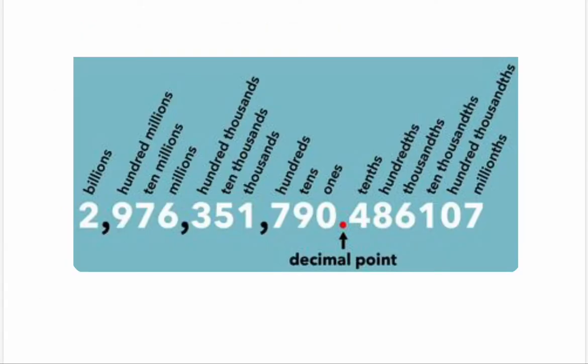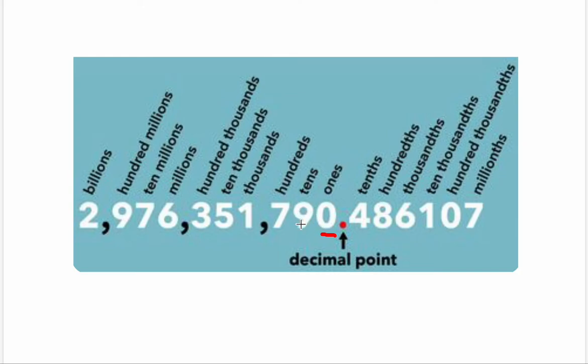All right, before we get started with rounding to decimal places, let's first review our different place values. Up until now, you probably have been very familiar with just your whole number place values. To the immediate left of the decimal point is your ones place.